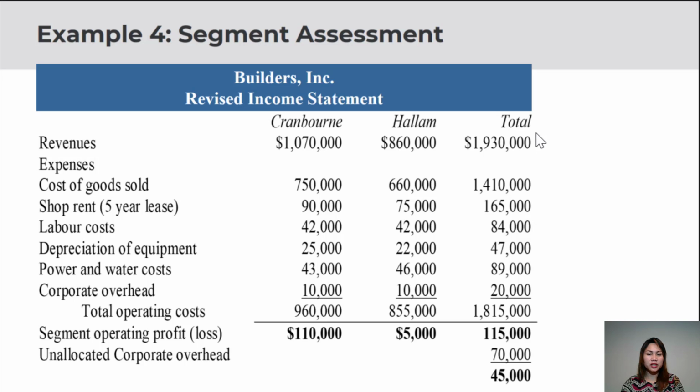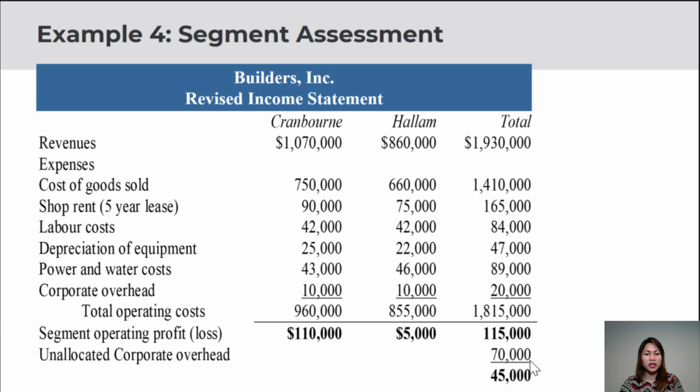So in total, still the same. This is just the total of the result from two branches. Revenue is a total from Cranbourne and Hallam. Total segment operating profit here is 115,000, because if you take 10,000 allocated corporate overhead for Hallam here, it seems that Hallam is still making profit, contributing 5,000 profit to help the company to cover 70,000 unallocated corporate overhead.